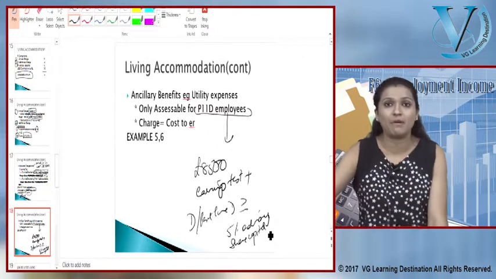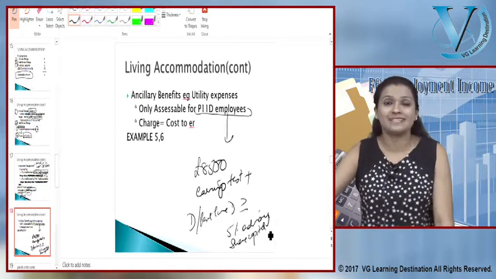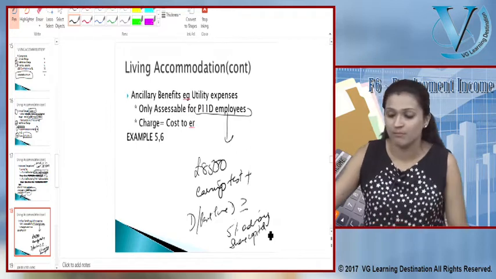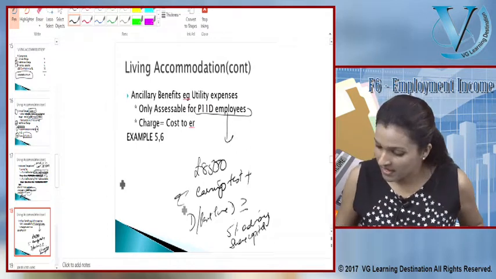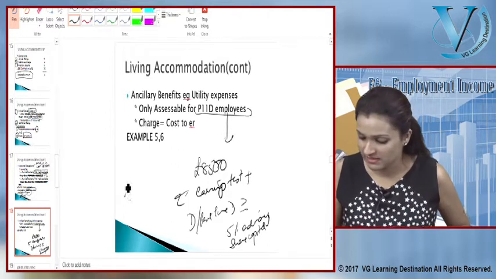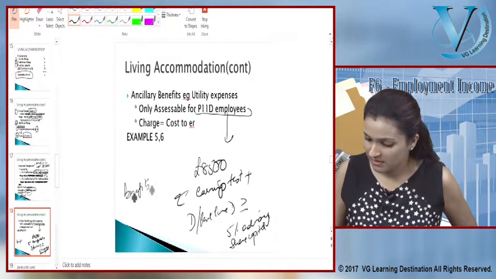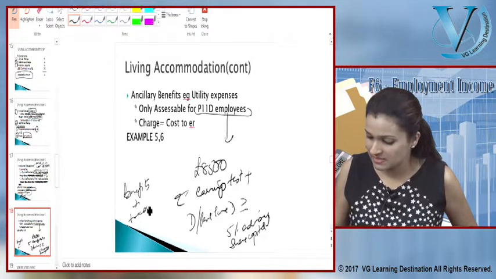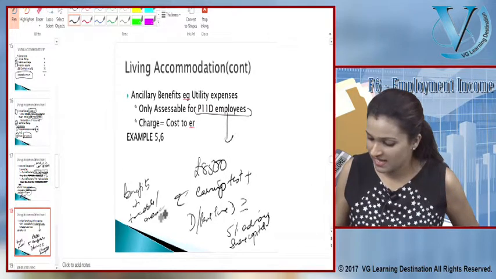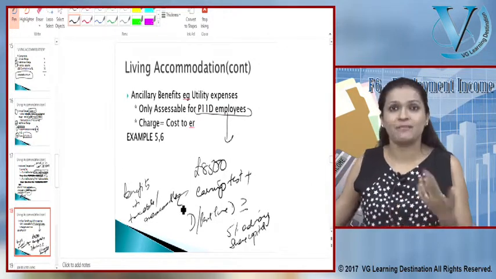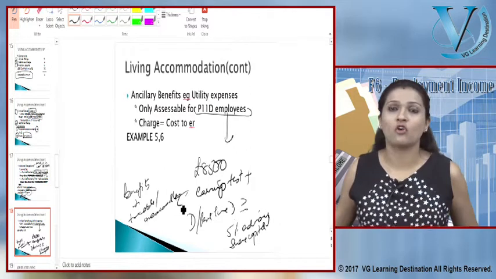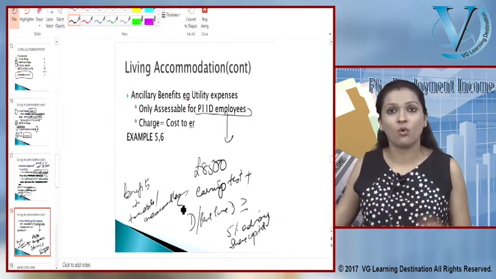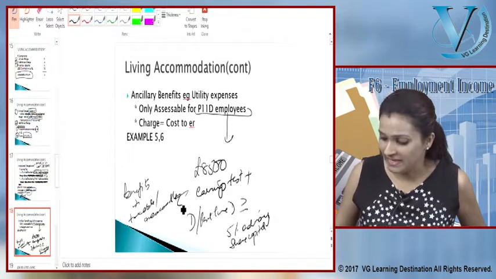So that's when you become a P11D employee. What is the repercussion of being a P11D employee? There are a set of benefits that become taxable or assessable, as we call it. So basically the benefits like this living accommodation ancillary benefits would only be taxed for P11D employees.